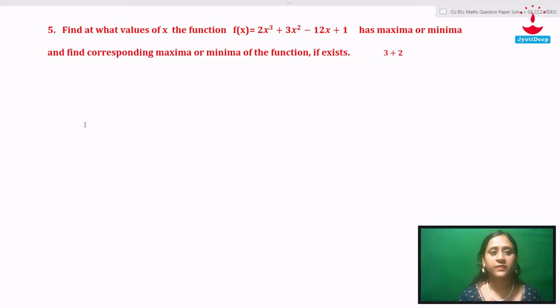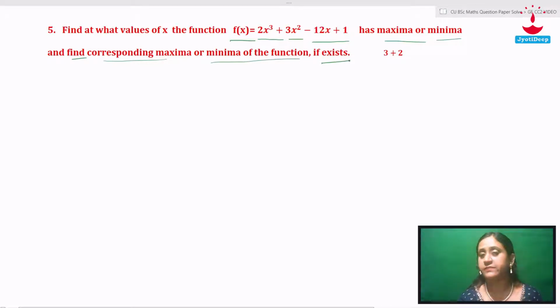Question number 5. Look at what is given: find at what values of x the function f(x) is equal to 2x cube plus 3x square minus 12x plus 1 has maxima or minima, and find the corresponding maxima or minima of the function if they exist.